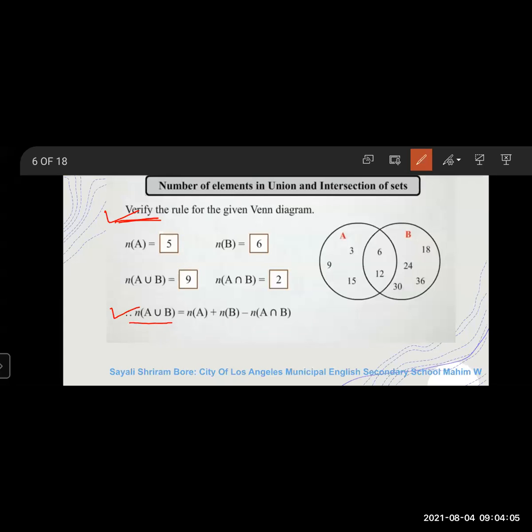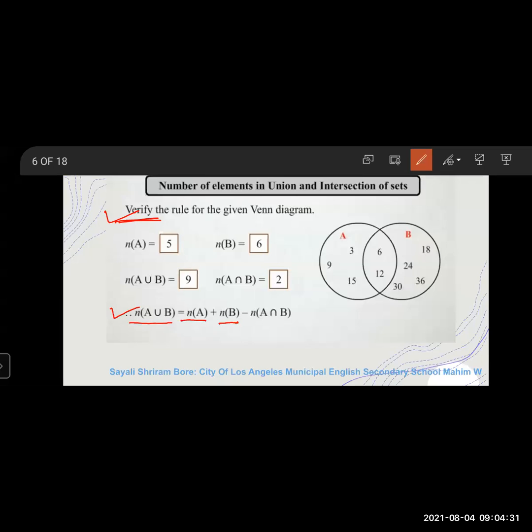If it is P and Q, then P union Q. Whatever the name of the sets, their union will be on the left hand side, and on the right hand side, the individual sets: the number of elements in set A plus the number of elements in set B minus their intersection. So how will you remember?